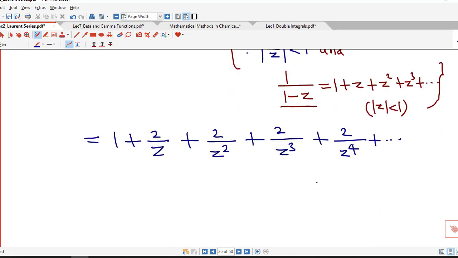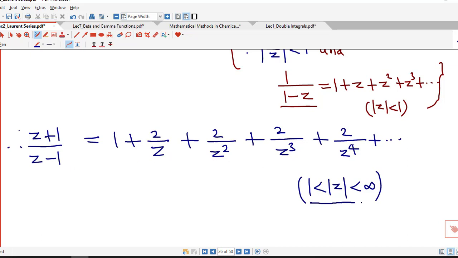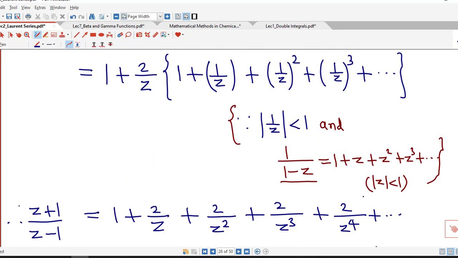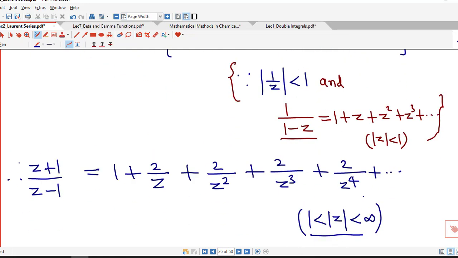And this Laurent series is valid in the annular domain 1 less than the absolute value of z less than infinity. Our function is z plus 1 over z minus 1. So this is the Laurent series representation of z plus 1 over z minus 1 in the domain 1 less than the absolute value of z less than infinity.